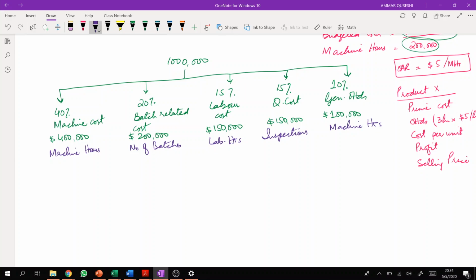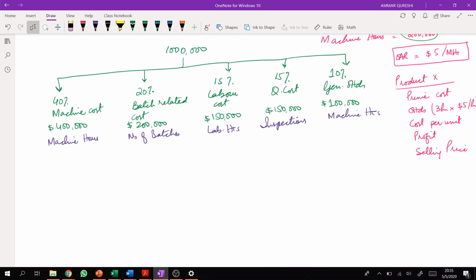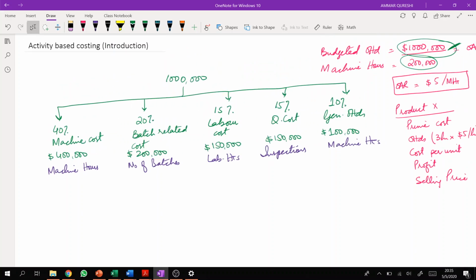right? So now we need to identify, because ultimately we have to calculate an overhead absorption rate for this, right? We have to calculate five different overhead absorption rates, and each overhead absorption rate will be related to a separate cost pool, right?